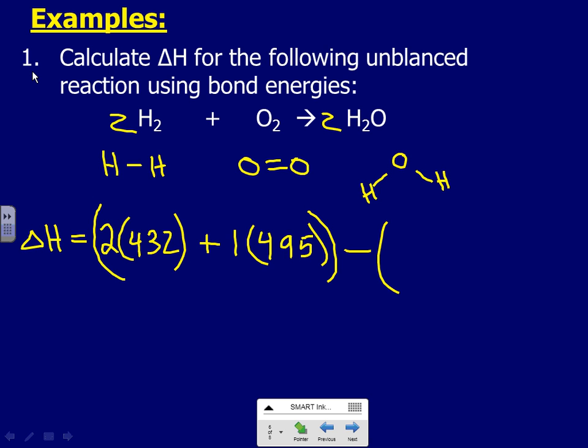So how many HO bonds are being formed? 4, okay? 4, and do we have H single bond O? 467. 467. That is all of the products. Now we do the calculation.